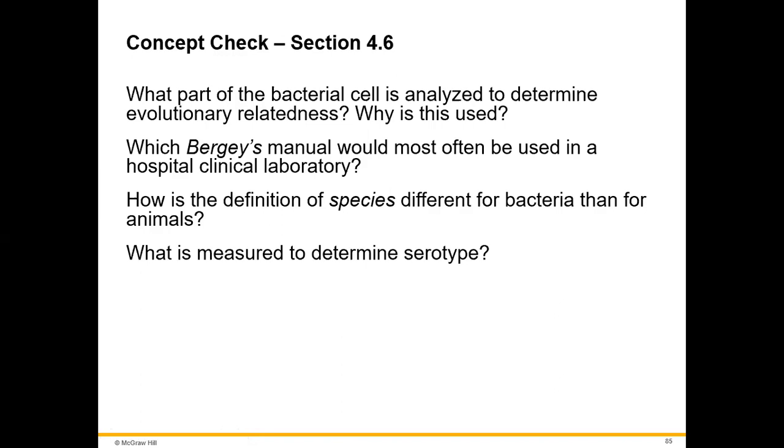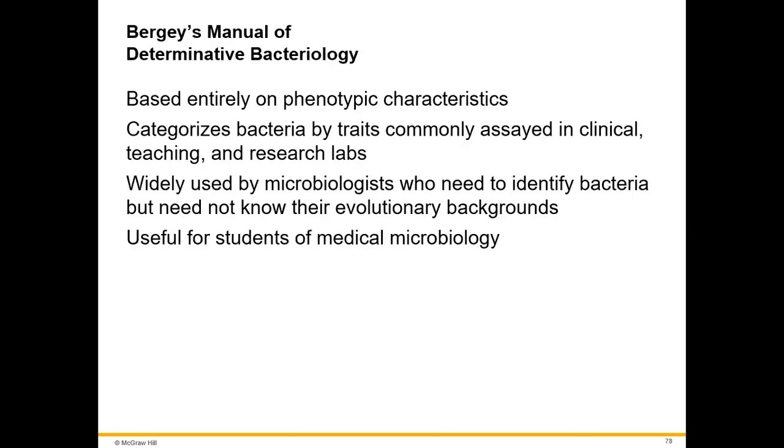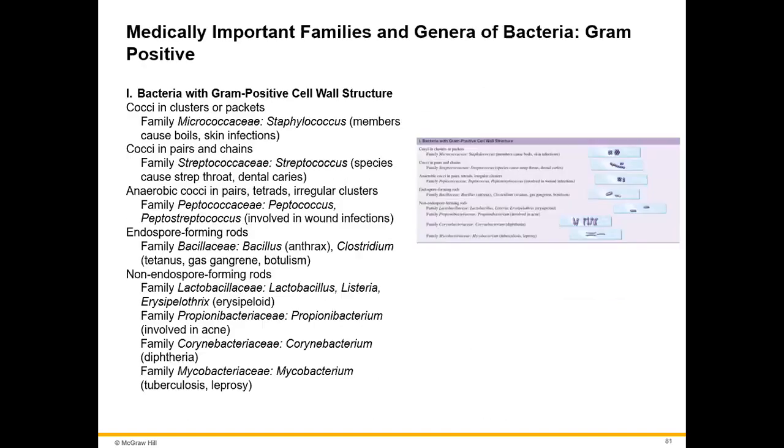What part of the bacterial cell is analyzed to determine evolutionary relatedness? So that would be the ribosomal RNA. The Bergey's manual is often used in a clinical laboratory. If you remember, it's the determinative bacteriology used in clinical situations.